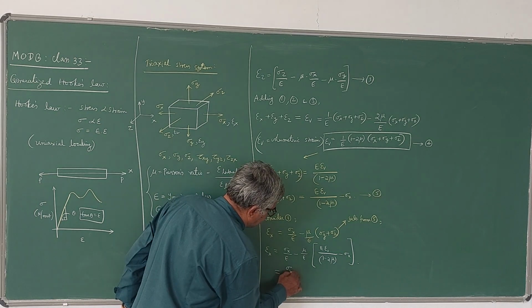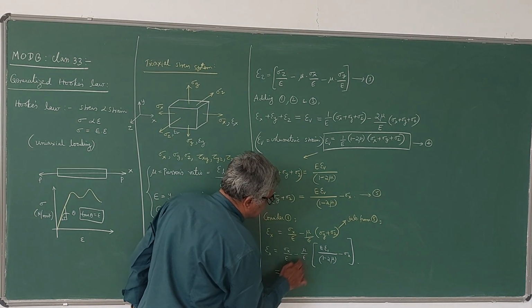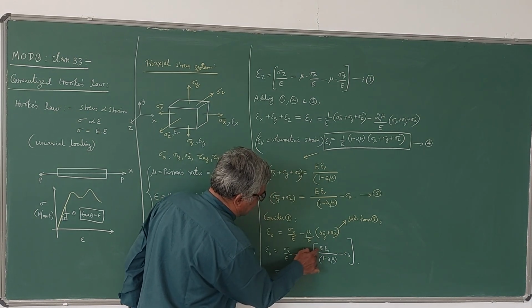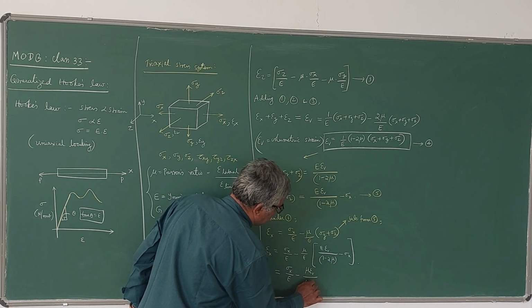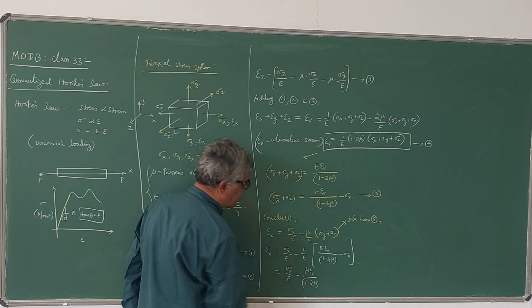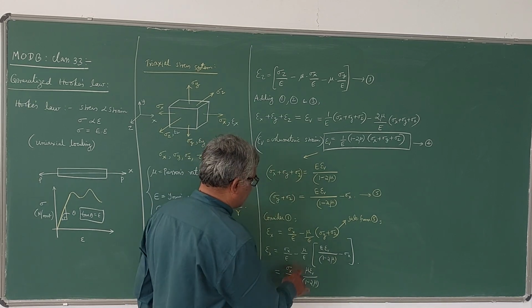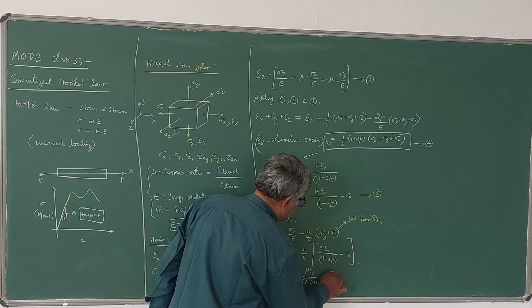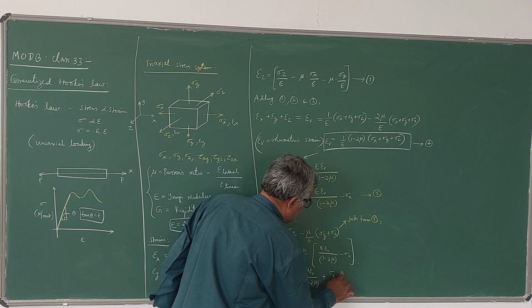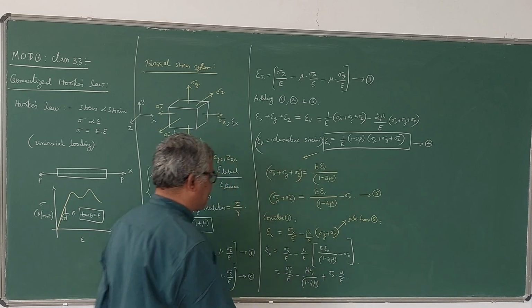This becomes sigma x by E minus, multiplying these two, this E will get cancelled, and you will be left with mu times epsilon v by 1 minus 2 mu. That is the first term. The second term is minus into minus, which becomes plus sigma x into mu by E. This is what we get.